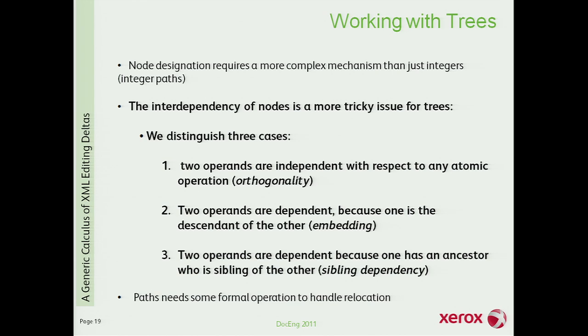The second one is when you have two subtrees which are embedded. And the third one, you have a specific dependency, which we characterize as a sibling dependency. And for these three different cases, we propose three composition operators to handle them.